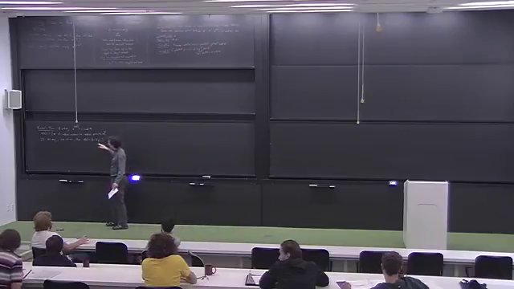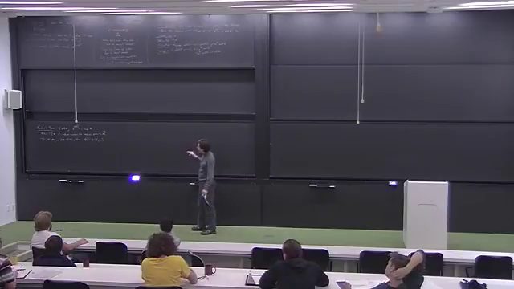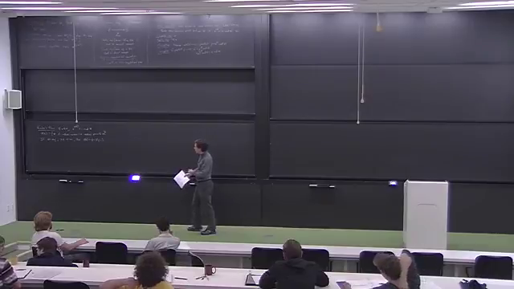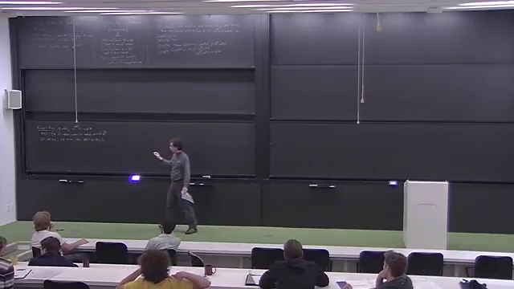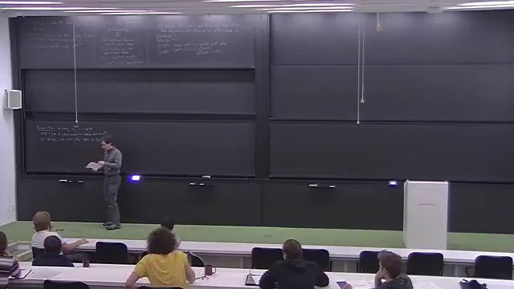Anyway, getting back to RSA, using Euler's theorem, we can figure this out. So Bob knows p and q. In particular, he knows how to calculate phi of n.